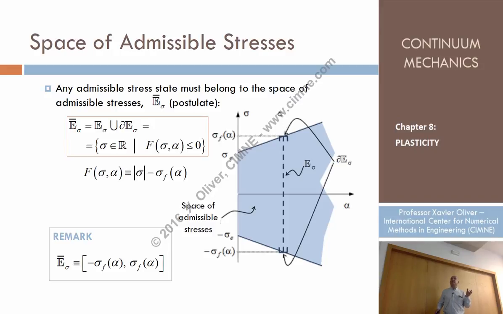If we want to exceed this value, there is only the possibility of increasing alpha so that sigma finds a value of alpha at which it is at the boundary, at the corresponding yield surface.